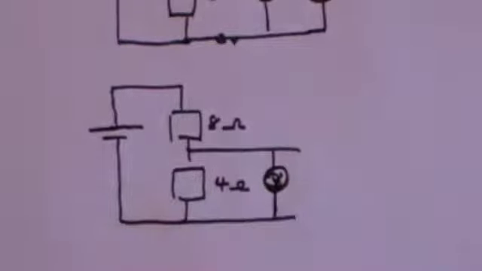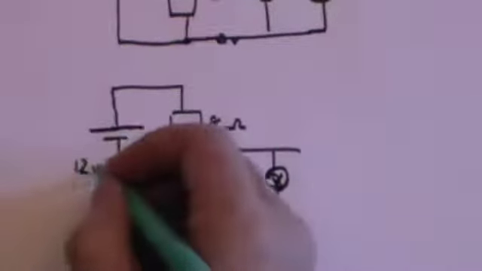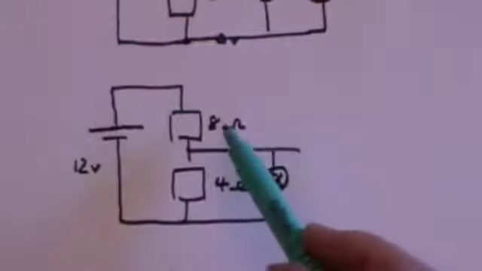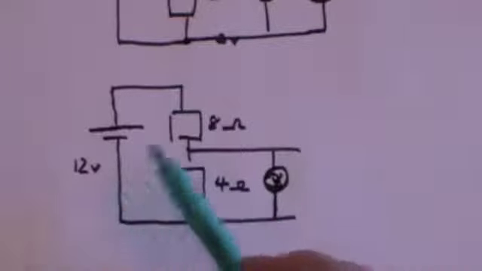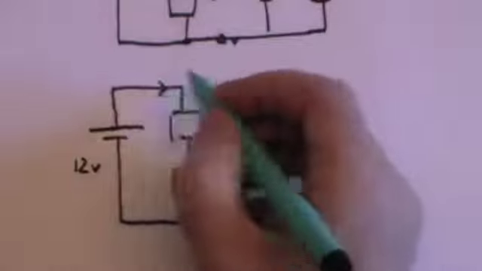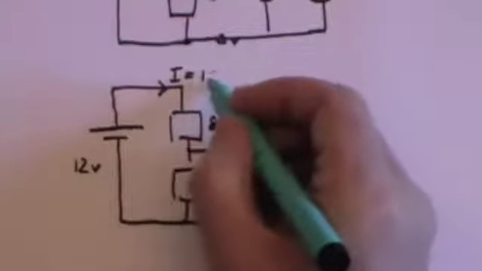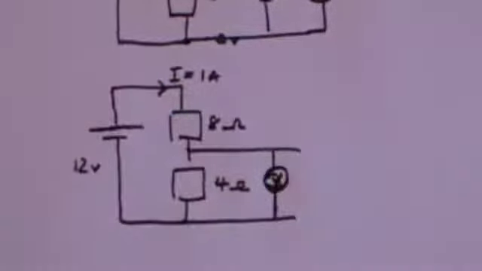Well, you can, I think, see without me doing too much maths that once again, if this is a 12 volt battery, the total resistance in the circuit is 12 ohms, 8 plus 4. The current is voltage divided by resistance, so it's 12 divided by 12. So once again, the current I is going to be 1 amp. And now the potential drop across each resistor is the current times the value of the resistor.